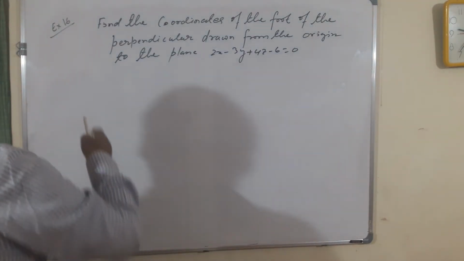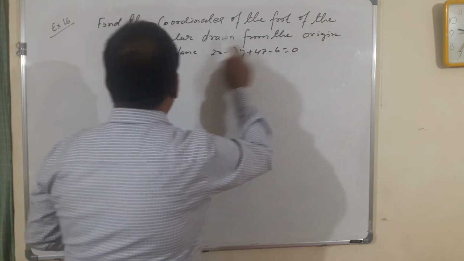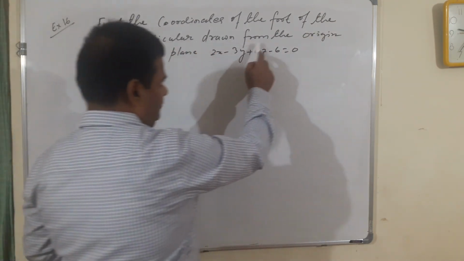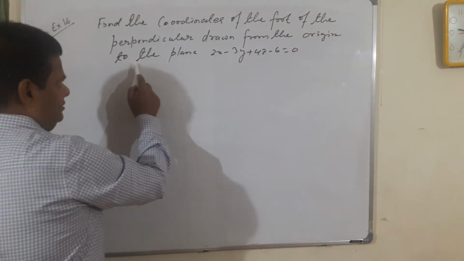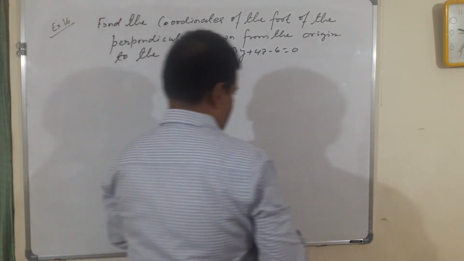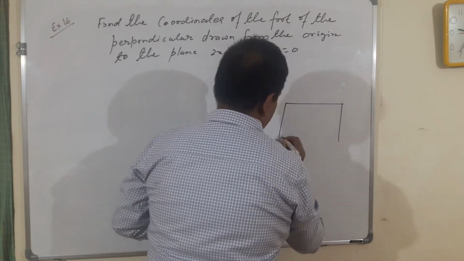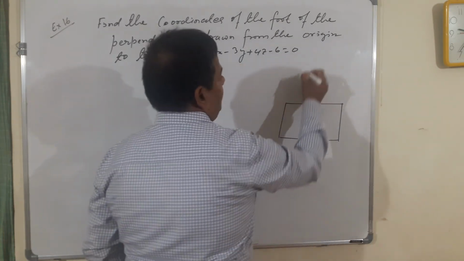Example number 16. Find the coordinates of the foot of the perpendicular drawn from the origin to the plane 2x minus 3y plus 4z minus 6 equal to 0. Suppose this is the plane.